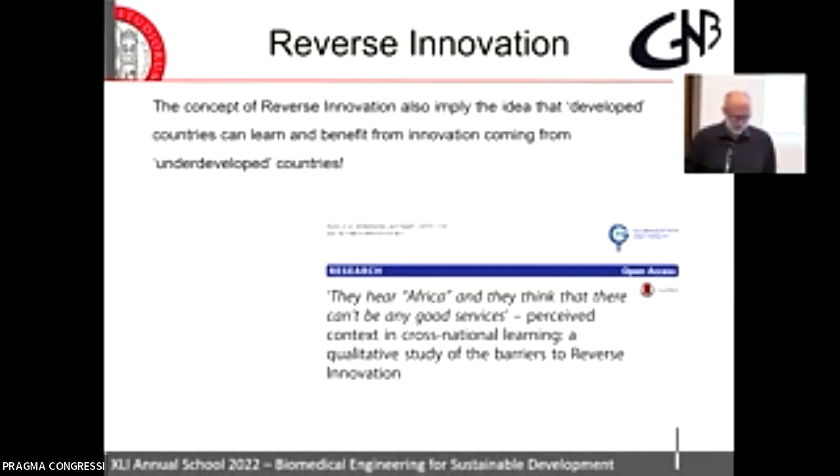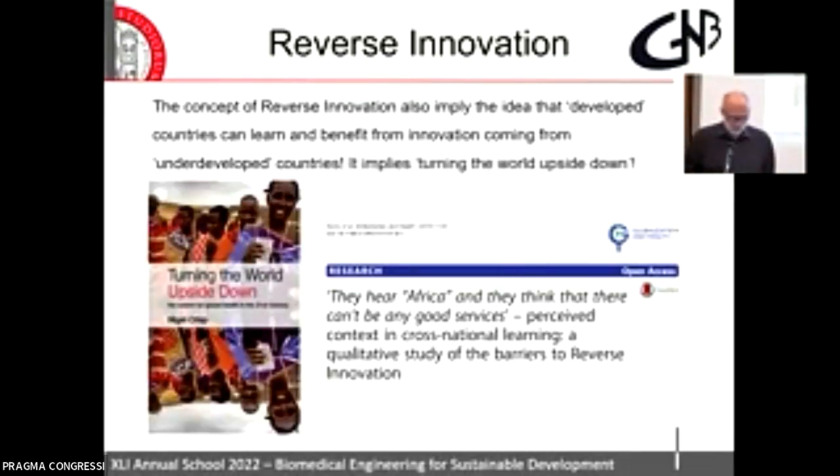You can see here a paper from a few years ago regarding the barriers for this kind of movement. They hear Africa and they think that there can't be any good services there. The perceived context in cross-national learning. These are barriers that we have in our mind and we have to destroy. So it implies turning the world upside down.